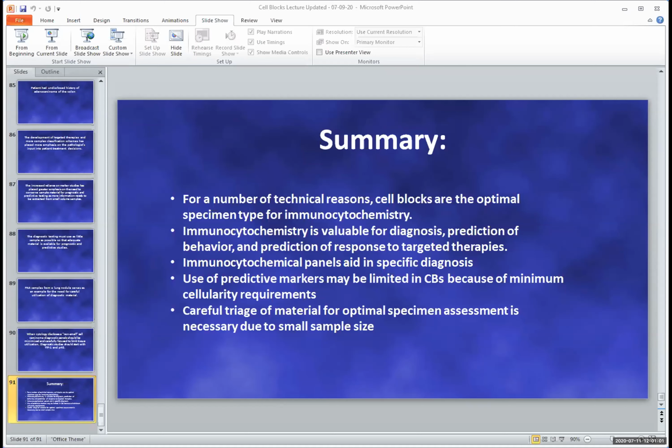You need to have, for neuroendocrine markers, a minimum of 500 or 1,000 cells. And then finally, triage of material for optimal specimen assessment is necessary due to the small size of samples we usually get from cytology techniques.